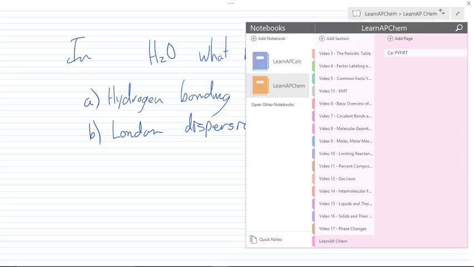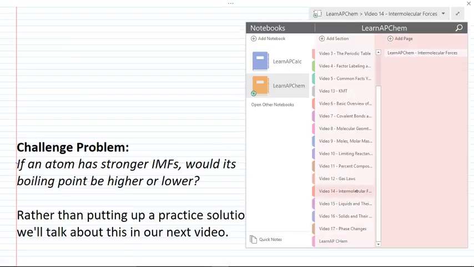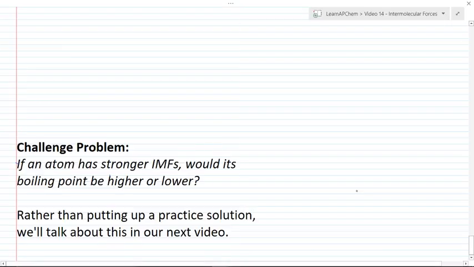Alright, so your answer is higher. Stronger IMFs, higher boiling point. And you're correct. If you're looking for an explanation, the reason is that for something to be boiled off, you have to break the IMFs so that something can be free.